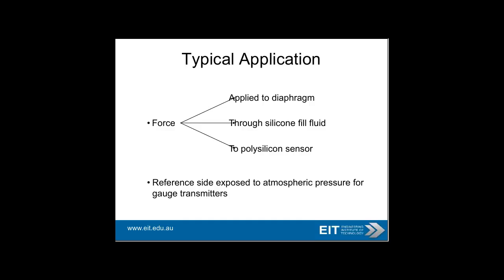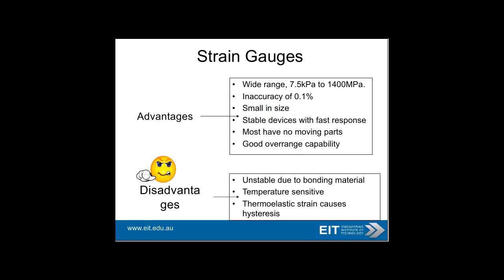Typical application, force applied to diaphragm, and of course you will see a pressure change will cause deformation of the Wheatstone bridge elements, and that would then cause resistance changes, and of course the Wheatstone bridge maximizes the resistance change and the voltage change.